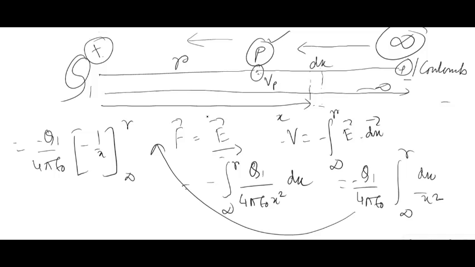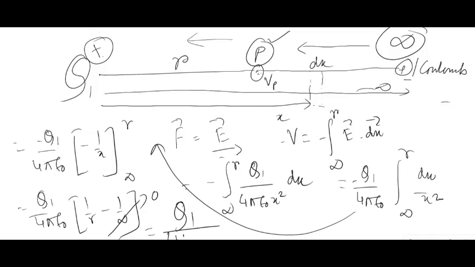So this is nothing but Q1 divided by 4 pi epsilon 0 times 1 by r minus 1 by infinite. Now this 1 by infinite value must be 0. So the value of the expression is Q1 divided by 4 pi epsilon 0 r.